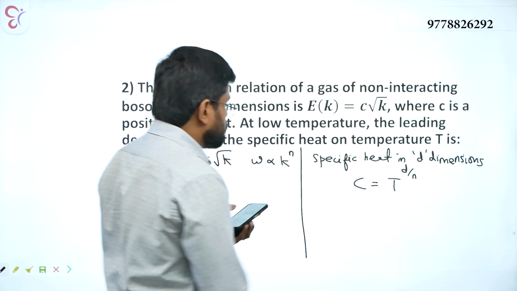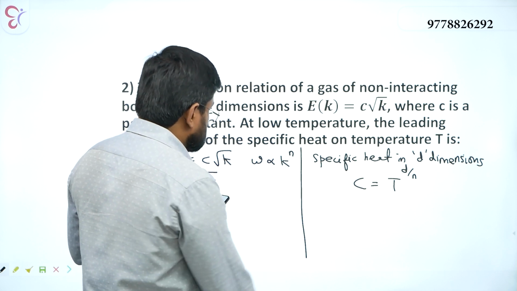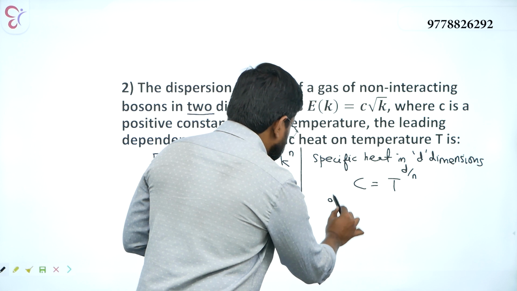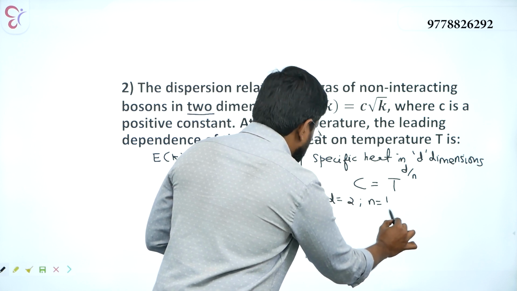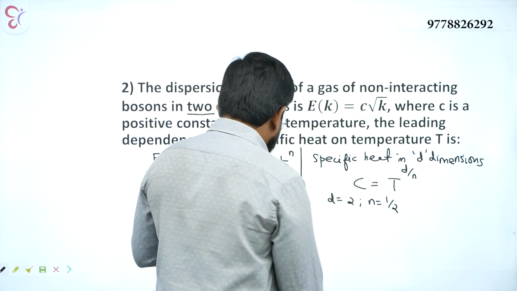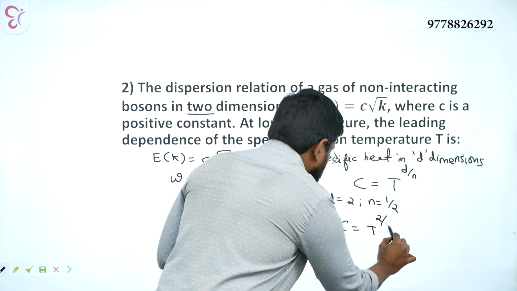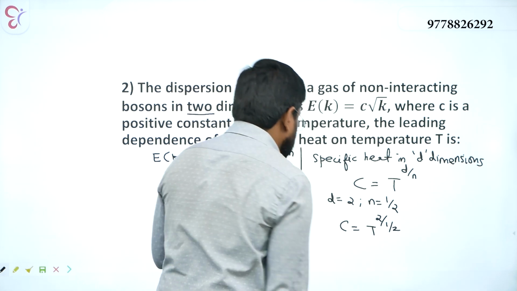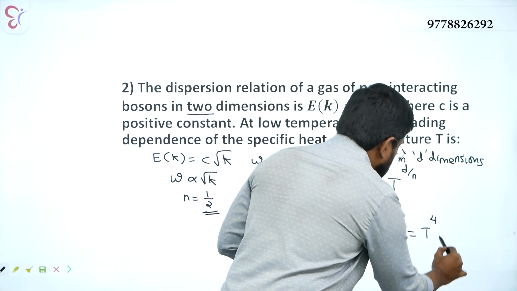Therefore here d is 2 and n is equal to 1 by 2. Just substitute it, then what will you get? C is equal to T power 2 by 1 by 2, and you will get it as T power 4.